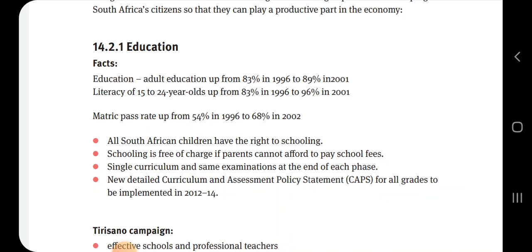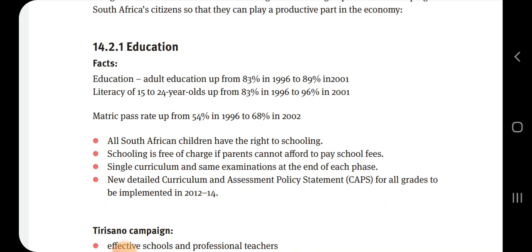Adult education up from 83% in 1996 to 89% in 2001. So the goal was like, okay, we have adult education at 83% in 1996. By 2001, it should be at 89%. And then the literacy of 15 to 24-year-olds up from 83% in 1996 to 96% in 2001.